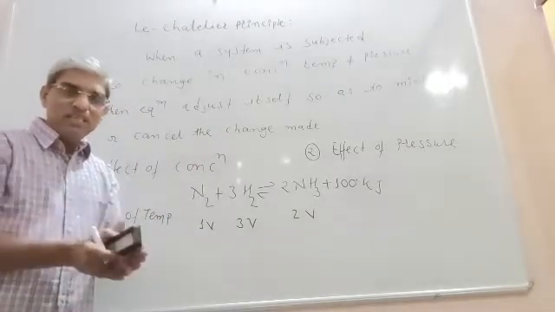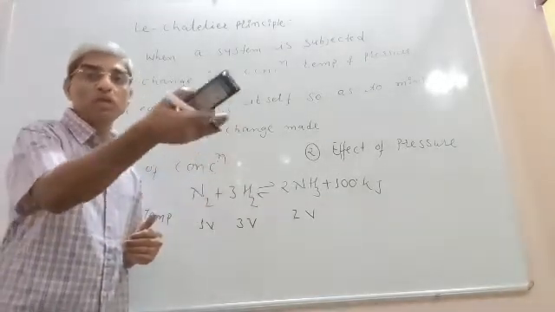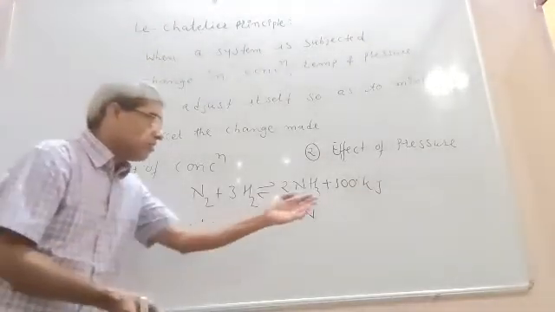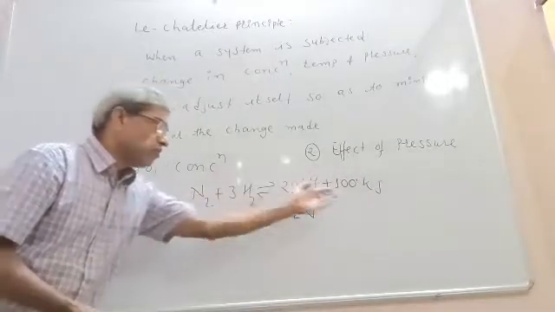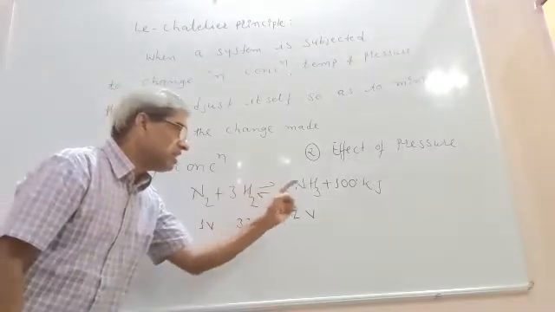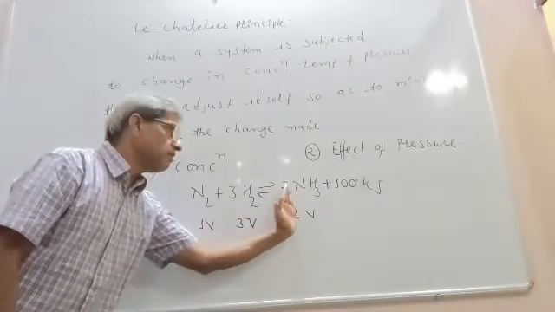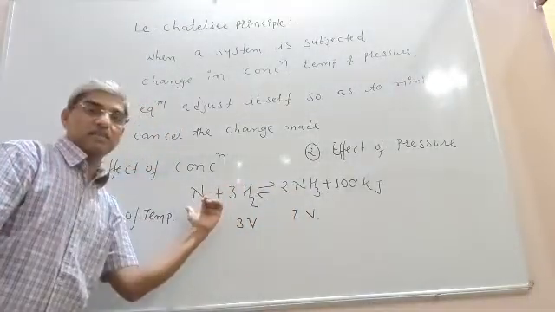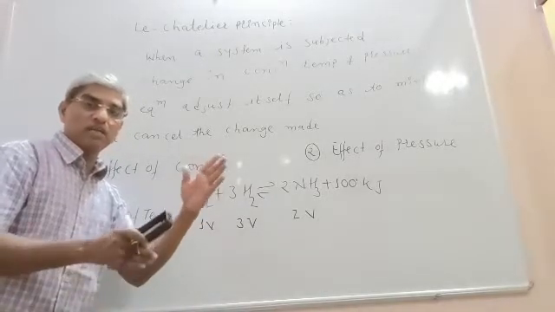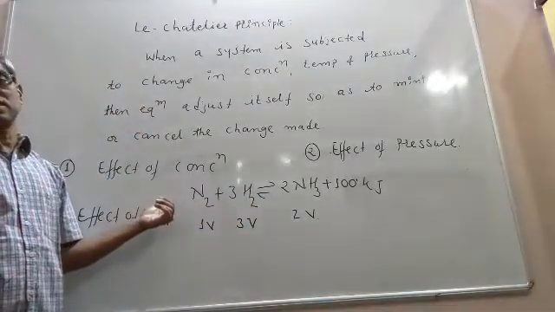Means increase in temperature will shift the equilibrium toward that direction where the endothermic reaction takes place. Therefore, listen carefully, as you know, decomposition of ammonia, means the backward reaction, is endothermic. Therefore, if we increase the temperature of the system, then the equilibrium will shift towards the reactant side. Means that the increase in temperature is nullified, cancelled, or is used to shift the equilibrium towards the reactant side.